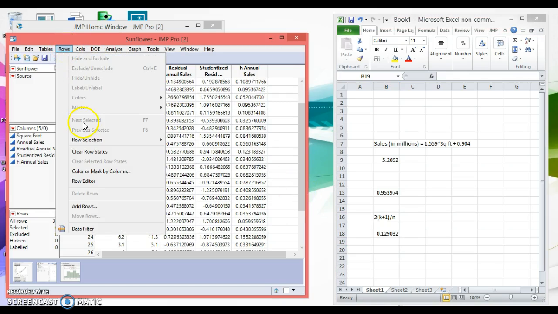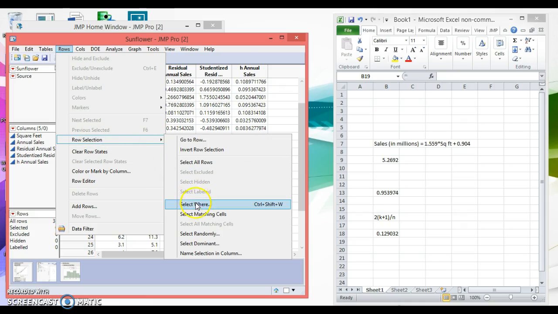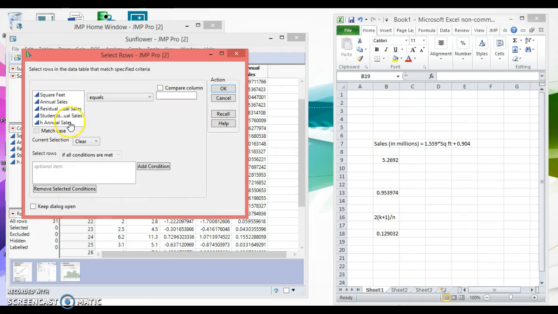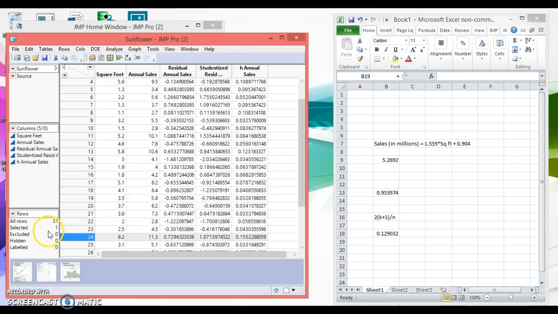So row selection, select where h values are greater than 0.129032. Okay, and then it shows one selected right there. So that's a good example of that tool being used.